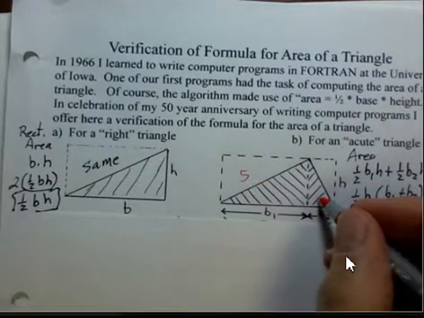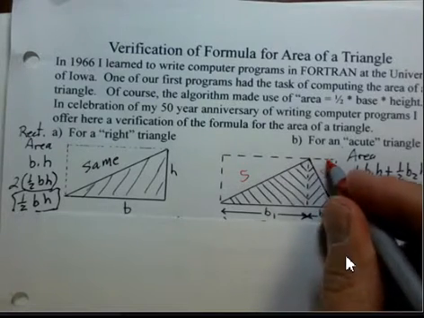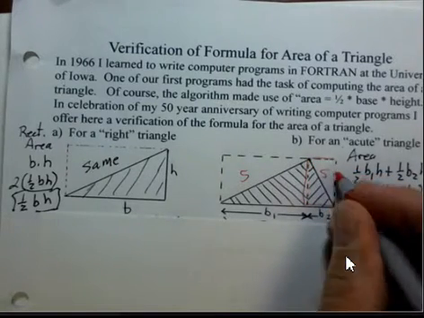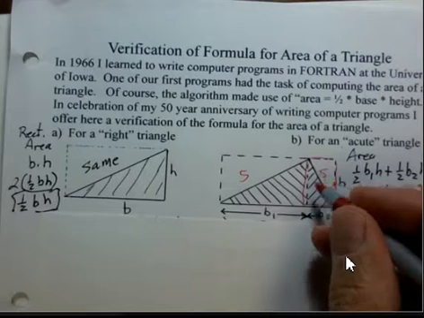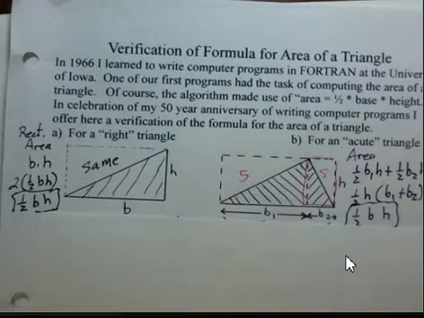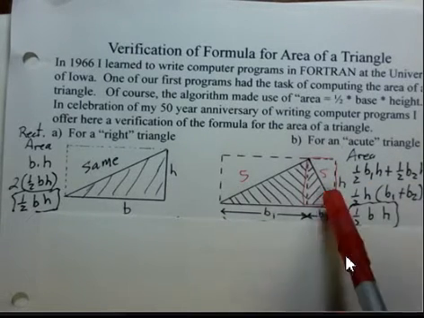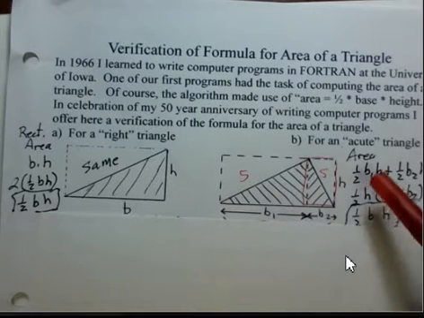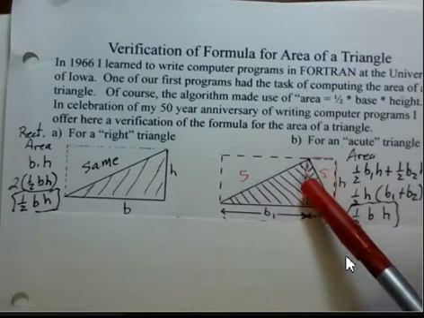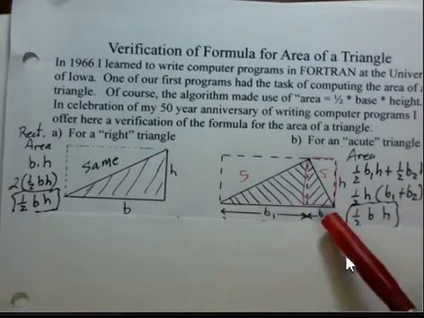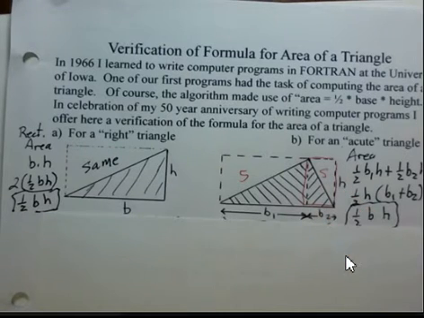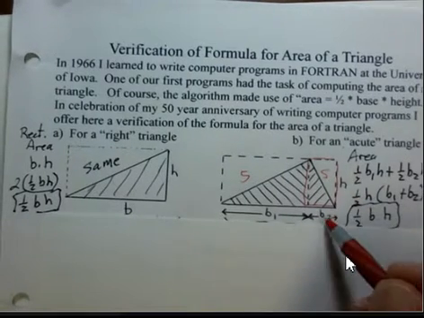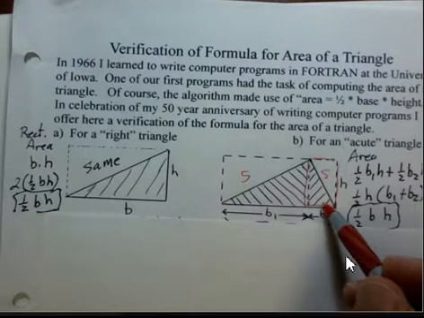The cross-hatched area here, the triangle or the rectangle that it is part of, we've got the same area in that white space. So the two areas would be 1/2 base 1 times height plus 1/2 base 2 times height. So we have a B1 and a B2 for the two separate rectangles.